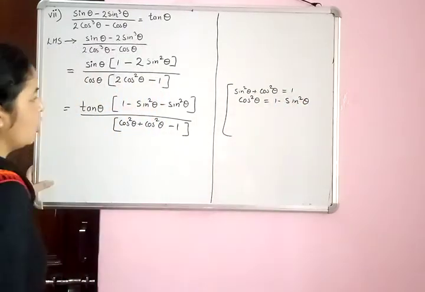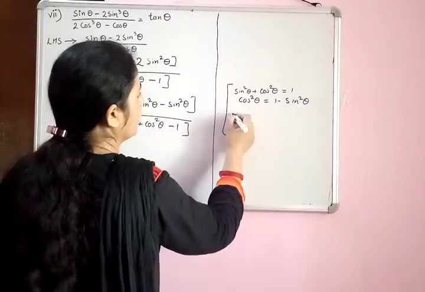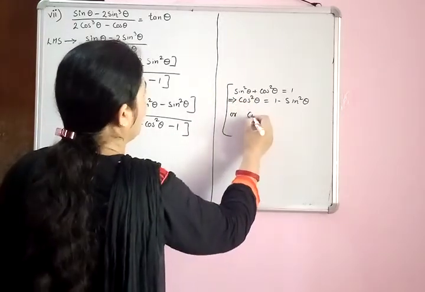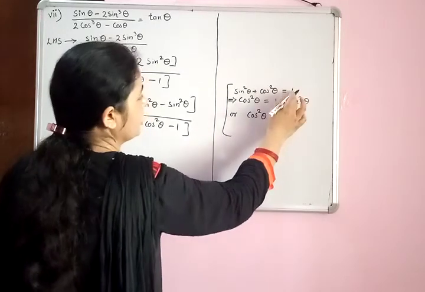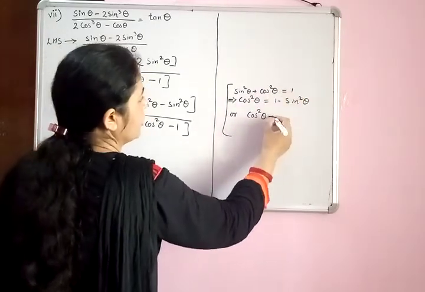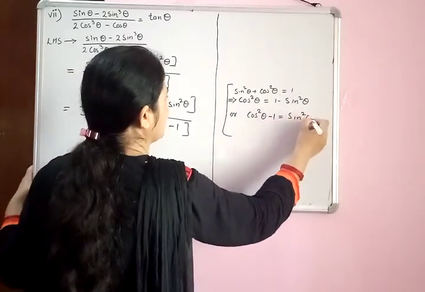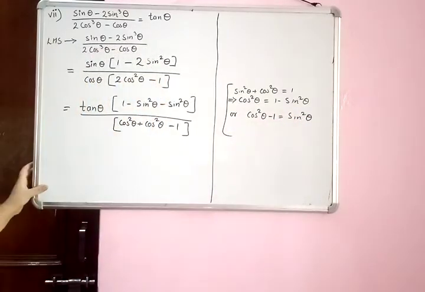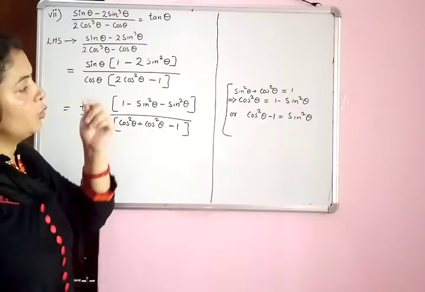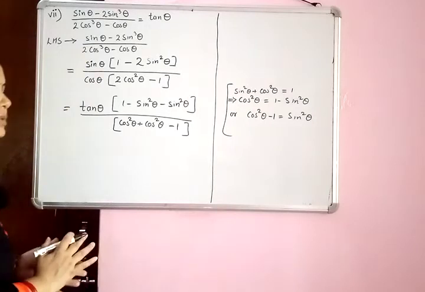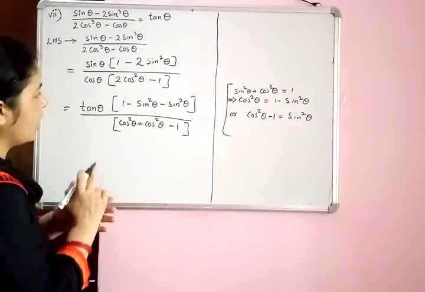Or, if we shift 1 towards the left, cos square theta minus 1 is equal to minus sin square theta. Look here once again. We know the identity sin square theta plus cos square theta is equal to 1. We can use this identity in other forms.